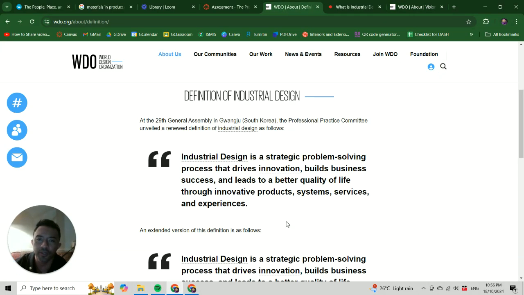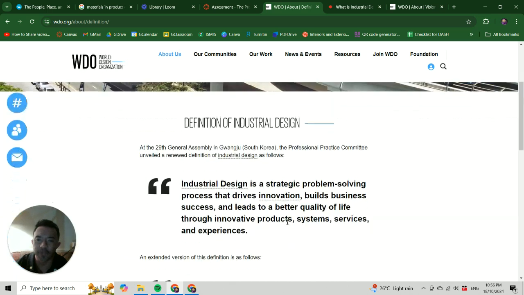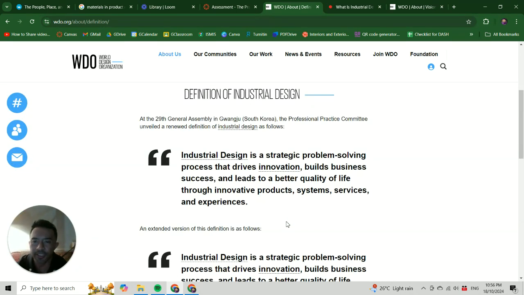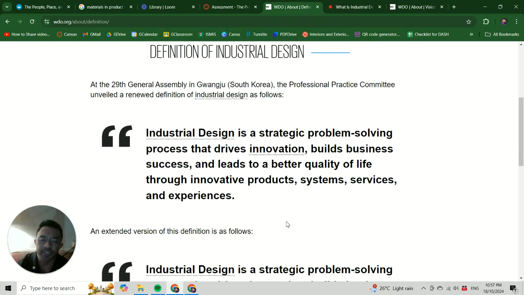According to the World Design Organization, which sort of acts as the United Nations of the industrial or product design profession, they define industrial design as a strategic problem solving process that drives innovation, builds business success, and leads to a better quality of life through innovative products. It can be even systems, it can also be services, and it can also be experiences.